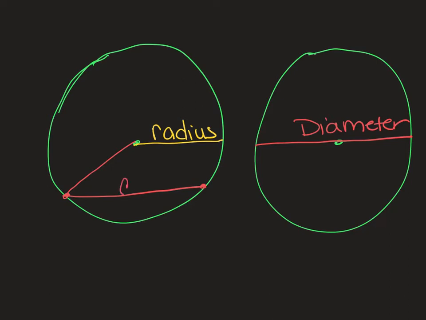That is called a chord. Why? Well, let's look at what a chord is. A chord is a line segment whose endpoints are on the circle. In other words, it does not go through, but a chord, let's just say this is A, B, C, D. You would have segment AB.